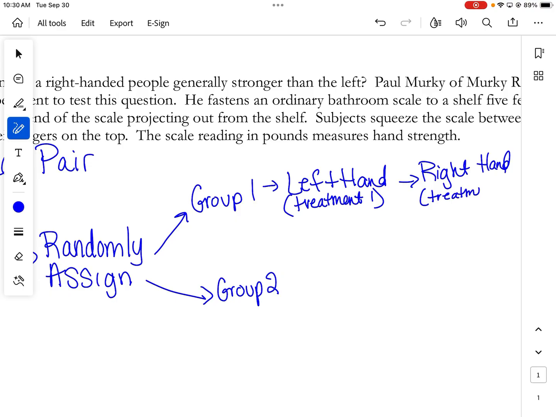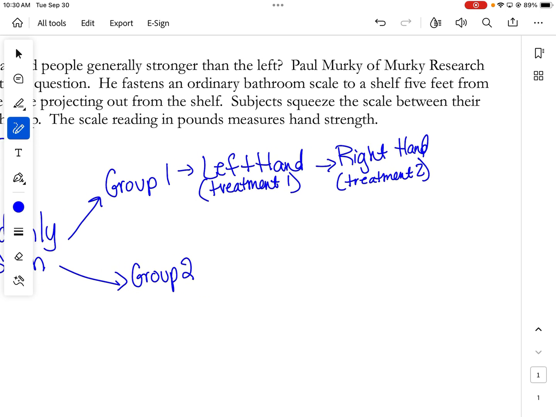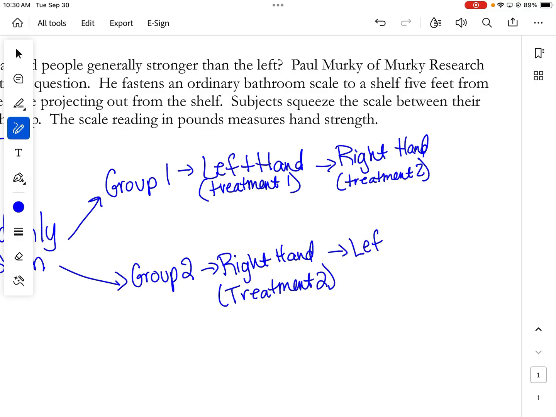And then they'll do the right hand. And group 2 will do the opposite. Right hand, which is our treatment 2, goes first.